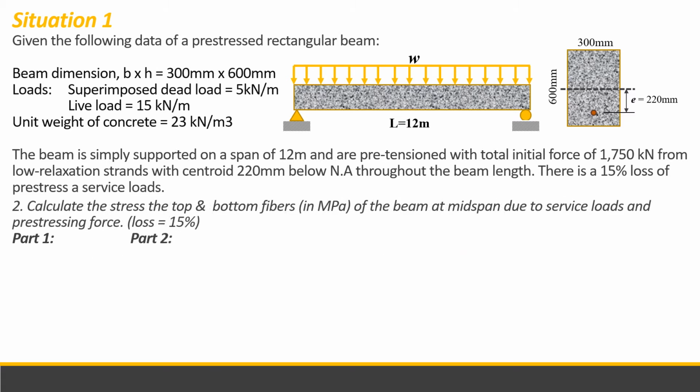Okay, so part 2. So sa part 1, na-solve natin yung top and bottom stresses. So sa part 2 naman, we will calculate the stresses at the top and bottom fiber, again in MPa, of the beam at mid-span. Okay, so very important no saan yung kino-consider mo na location.